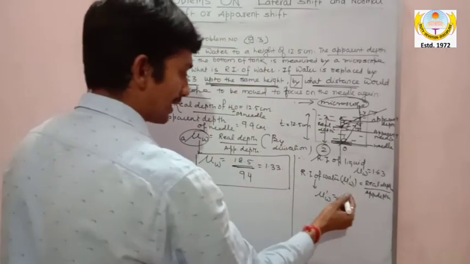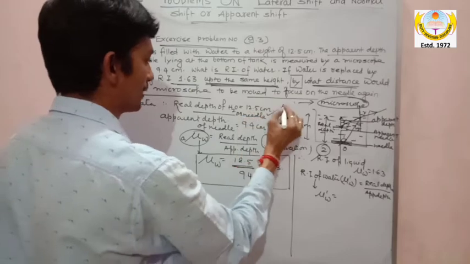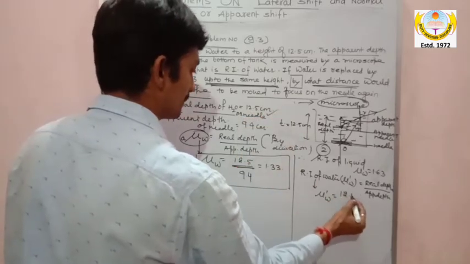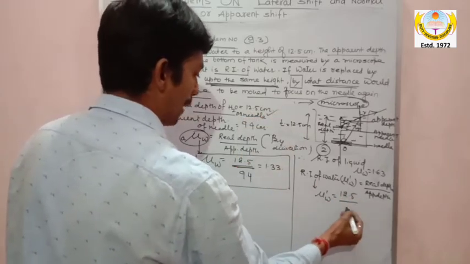So real depth is the same. How much is the real depth? 12.5, divided by apparent depth.